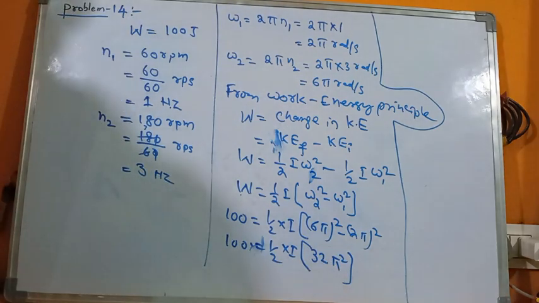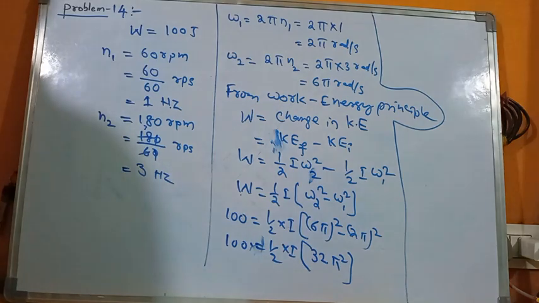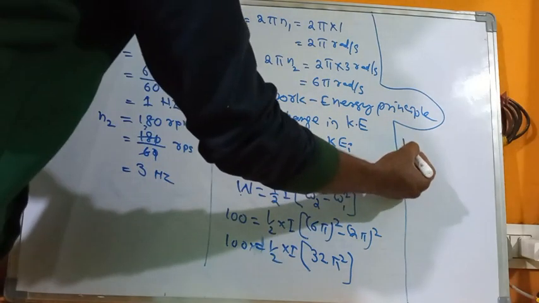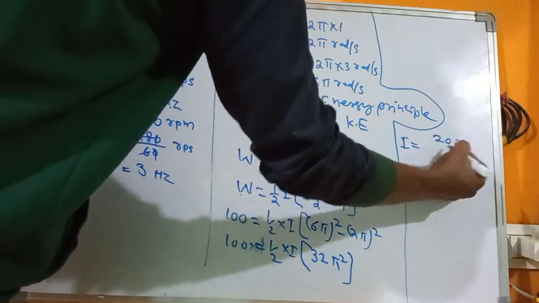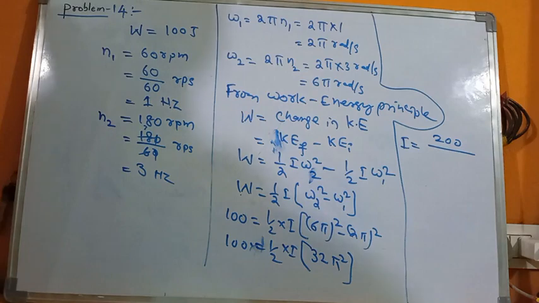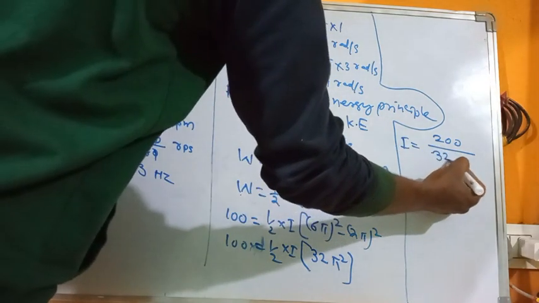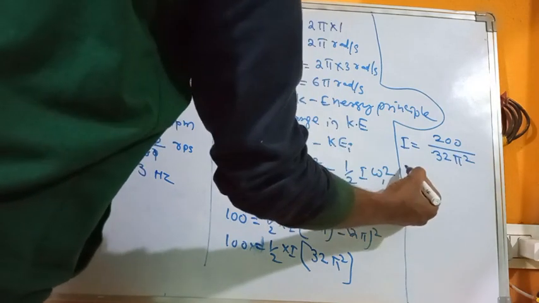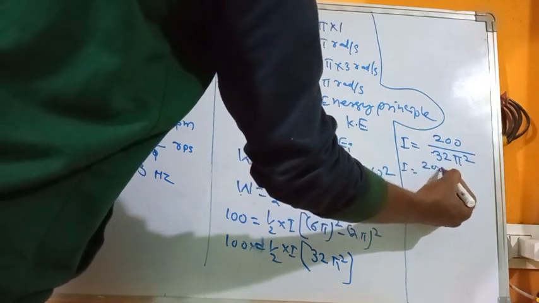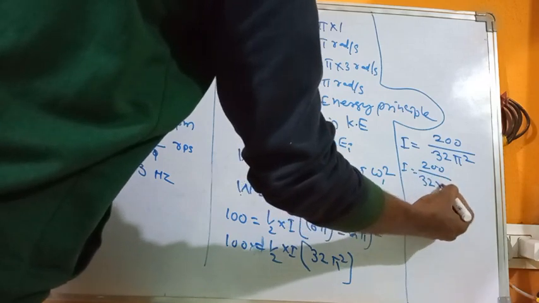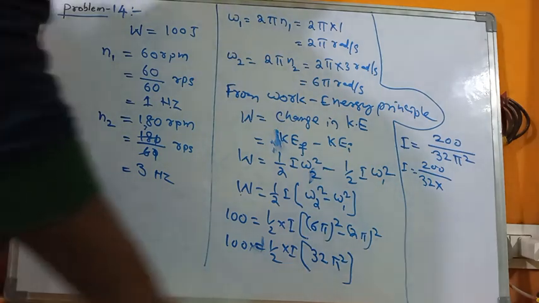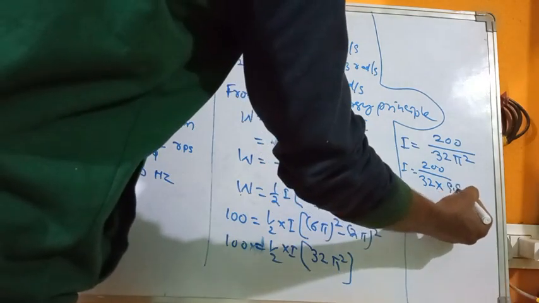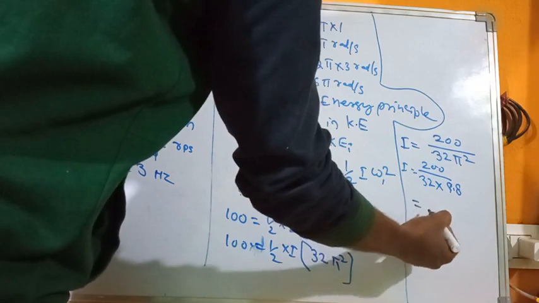And from this, I is equal to 2 into 100, that is 200, divided by 32 pi square. It is equal to 200 by 32 pi square, with pi equal to 3.14 and its square 9.8.